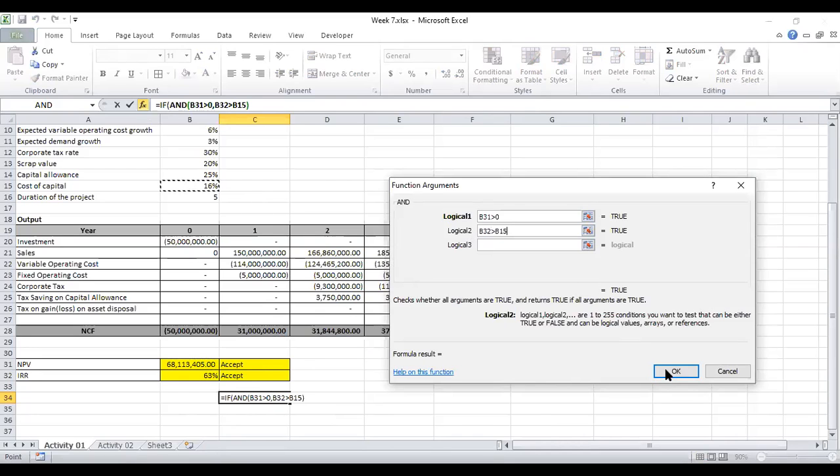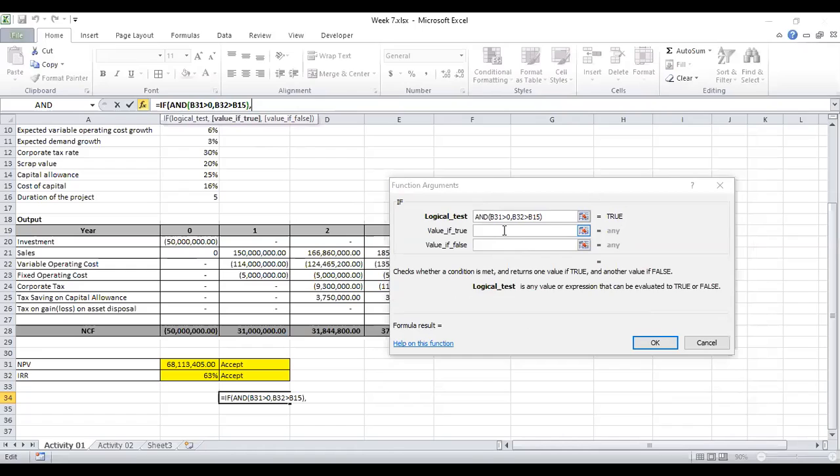Good. Then you can click on IF. While you are in the same window, click on IF there. Then, value if true? If both these tests are satisfied, you are going to say accept. And if not, it is reject.